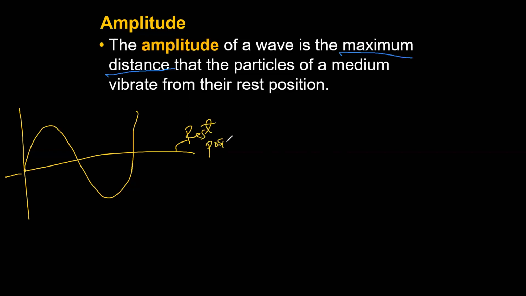In other words, rest position is the position on the wave or in the medium where the particles are permanently at rest. The particles have not started moving. So the distance between the rest position and the crest is what we call the amplitude. Or it is the distance between the rest position and the trough, like that.